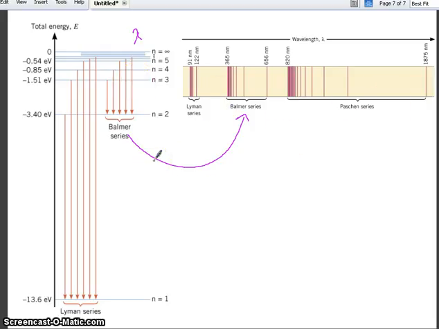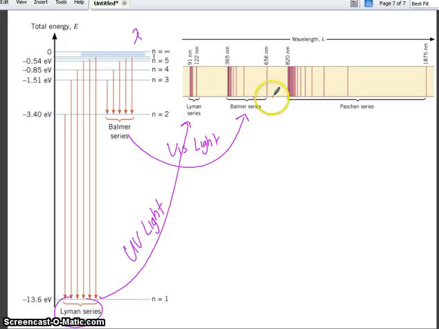And what we found later on, for like the Balmer series, this is called the Balmer series because the Balmer series is the emissions that happen for visible light. You can see here they all end at n equals 2. And for example, the Lyman series here, these are all going to n equals 1, and this is all UV light, which we don't see.